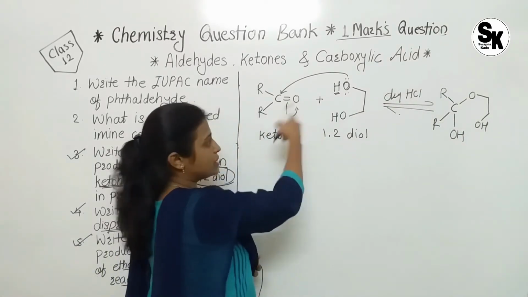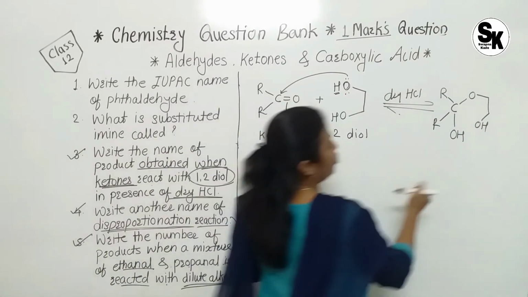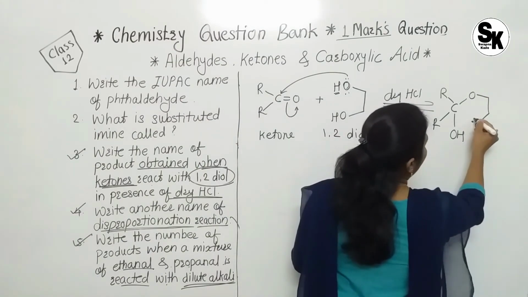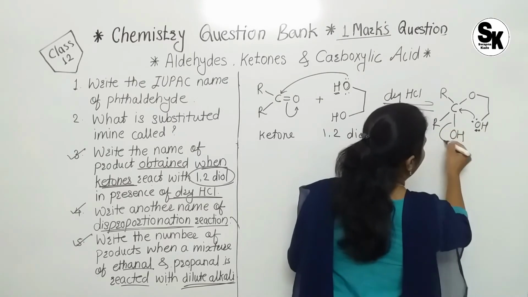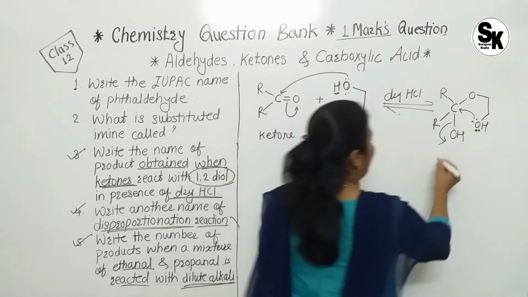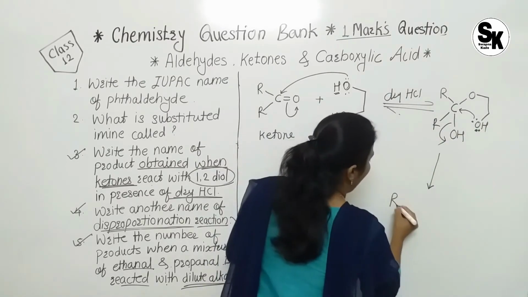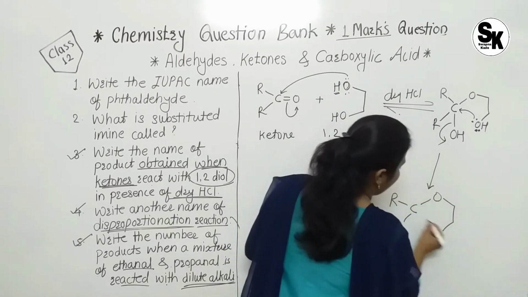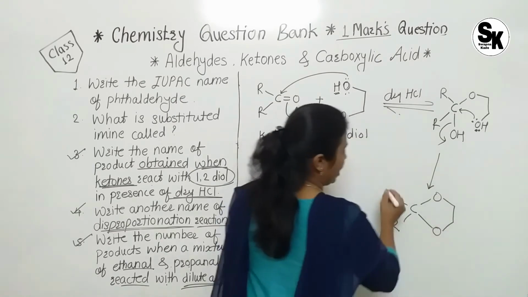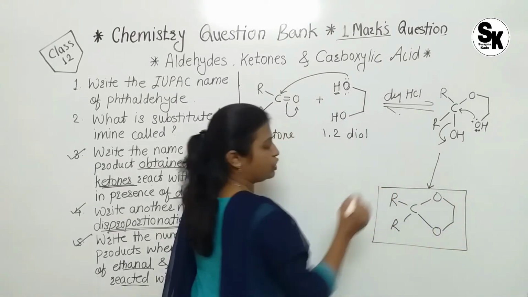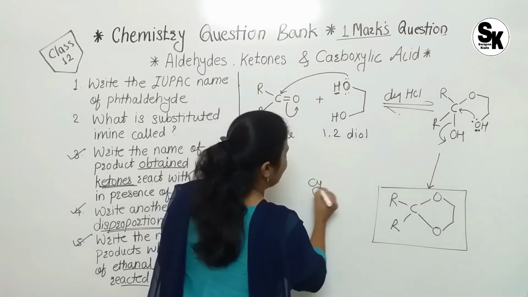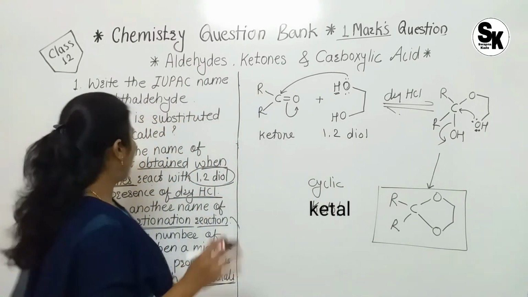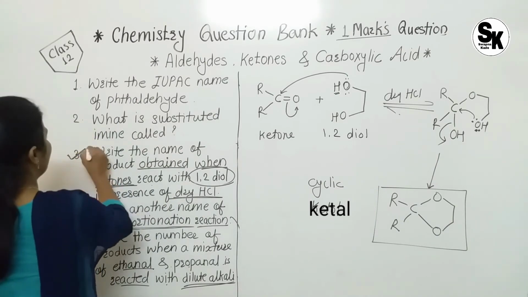This oxygen is converted into OH. Now what will happen? The second oxygen of that diol will attack on this carbon and it will remove a water molecule, and here we will get R, C, R, O, CH2, CH2, again oxygen. If we consider the name of this product, that is the cyclic ketal. So this is the name of the product. Here we have completed that third question.